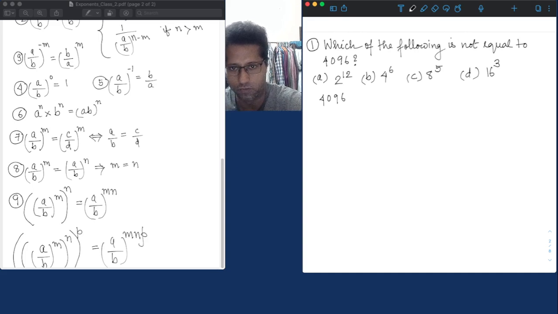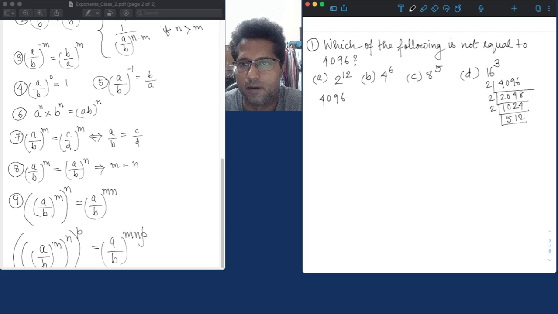So 4096, if we do prime factorization, I think it was better if we had divided by 4.